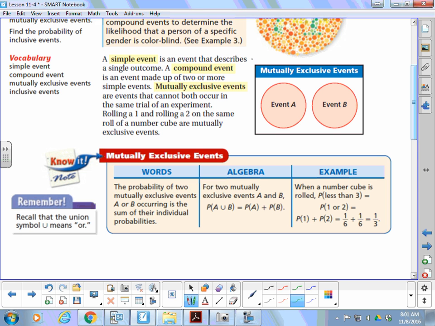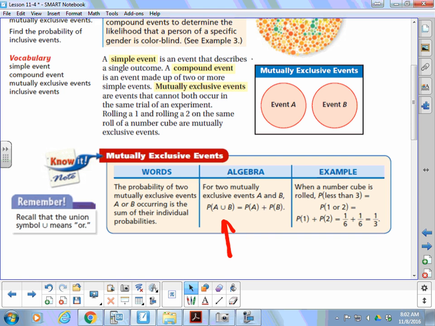So if we have mutually exclusive events, then what we're going to do is add those probabilities. So this says the probability of two mutually exclusive events, A and B, occurring is the sum of their individual probabilities.